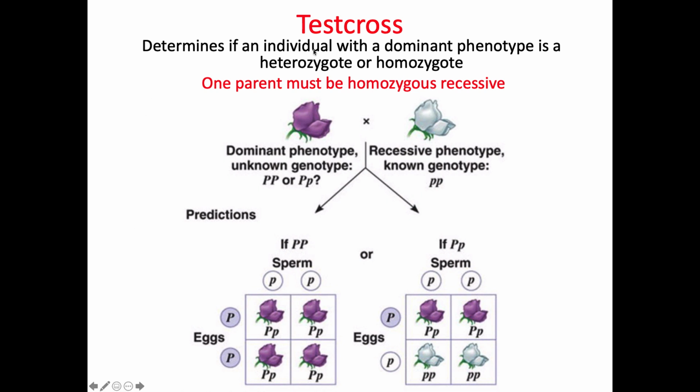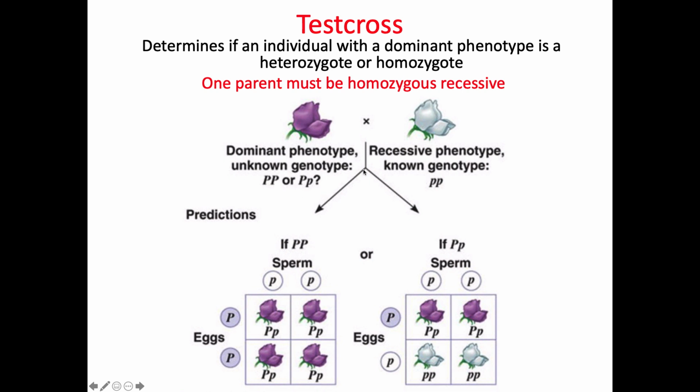In order to determine if an individual with a dominant phenotype is a heterozygote or a homozygote, you simply cross that individual with the homozygous recessive. The outcome in terms of what the offspring will look like will depend on whether or not the unknown individual, which is the individual with the dominant phenotype, is homozygous dominant or heterozygous.